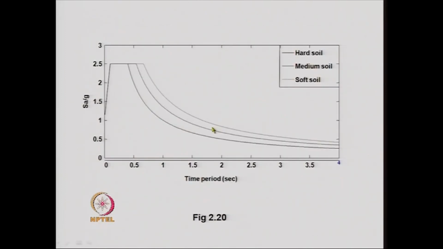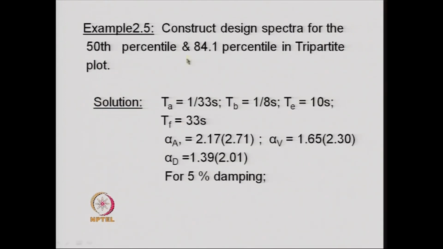So in almost all codes, we find the spectral acceleration plot versus time period is of this particular shape. Now, a design spectrum can be obtained for the 50th percentile and 84.1 percentile in a tripartite plot.